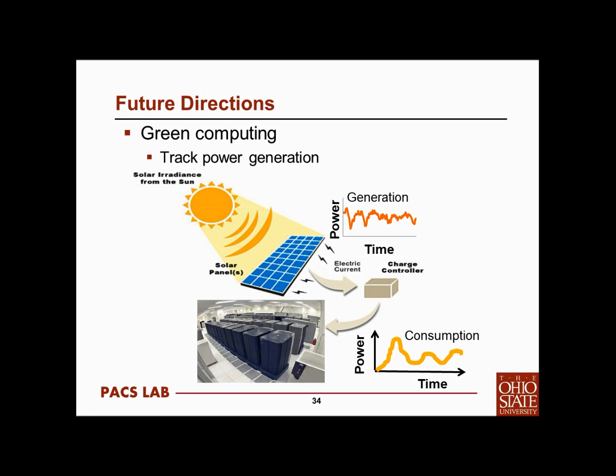We can either use an energy storage device, for example, the battery or supercapacitor. We also can use frequency scaling on the servers in the server room. But the high-level idea is to manage the power consumption of the server room to match the generation side profile. That would be a very interesting problem to me.